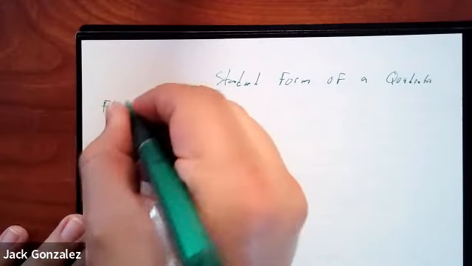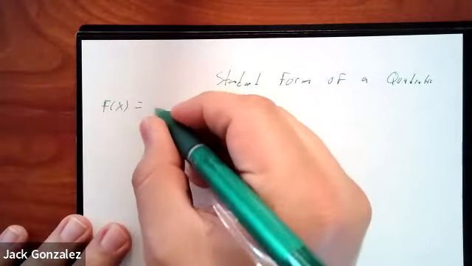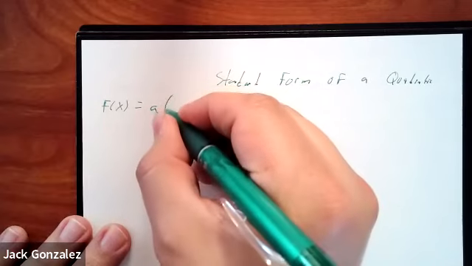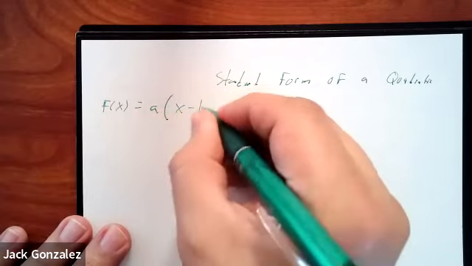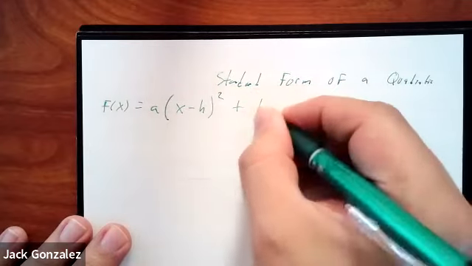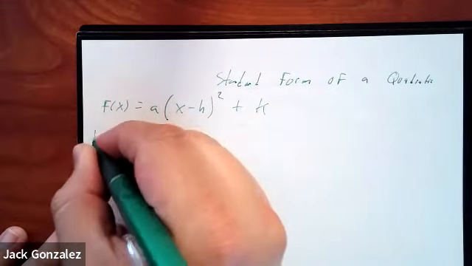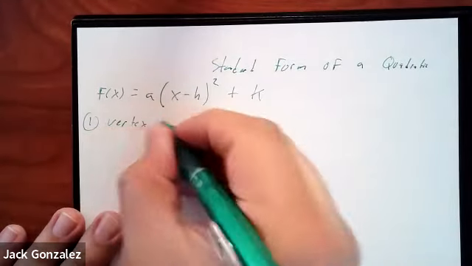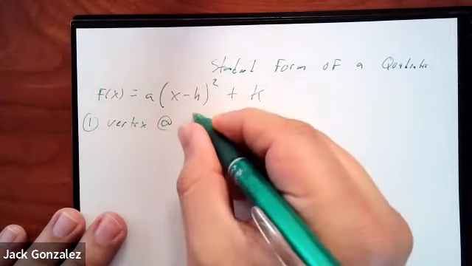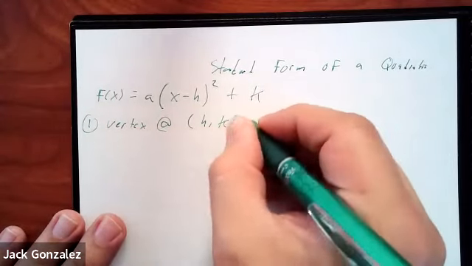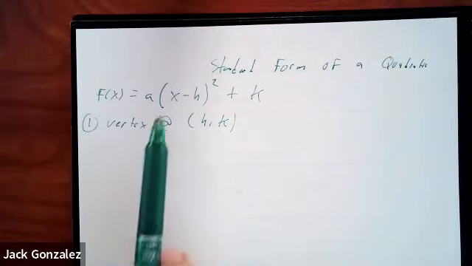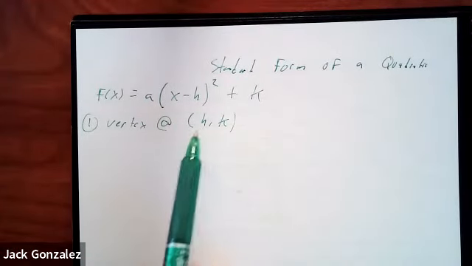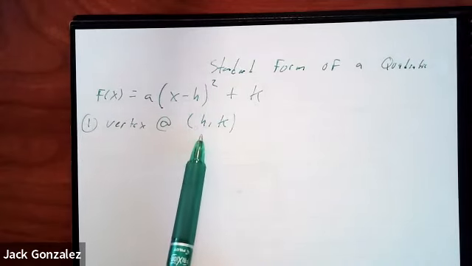So if your function is equal to a times (x minus h) squared plus k, the first thing that you'll know is the vertex is at (h, k). Whatever sign's right there, just switch it to the opposite, only for the h. So if that's a -2, then it's 2 here. If it's a +2, then it's a -2. Make sense? It's opposite.